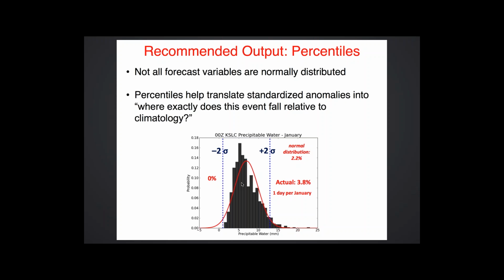But if we look at our actual observations of precipitable water values, we see that almost 4% of the values fall 2 standard deviations above the mean. So this signifies that the normal distribution doesn't always fit every variable, and it can suggest things that aren't necessarily true, and that the percentiles will explicitly tell you where the event falls in the climatology.